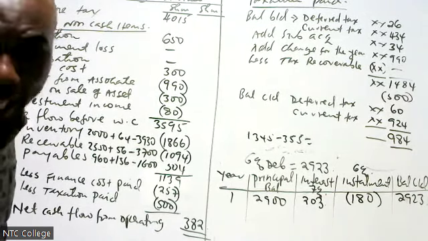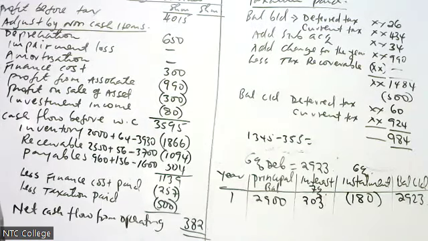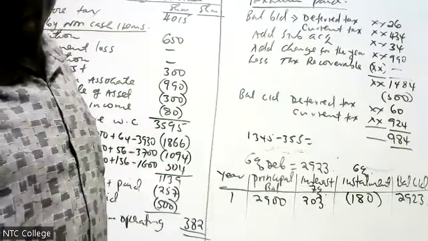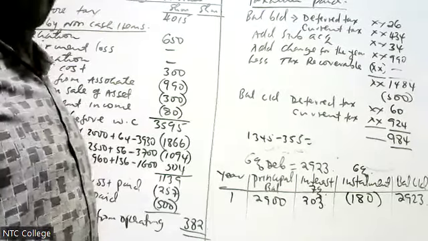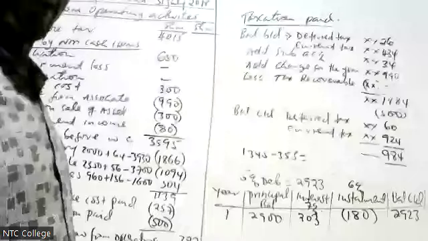Then quickly we go to item number 2, investing activities. If you have no question, we go to investing activities, which is our number 2.